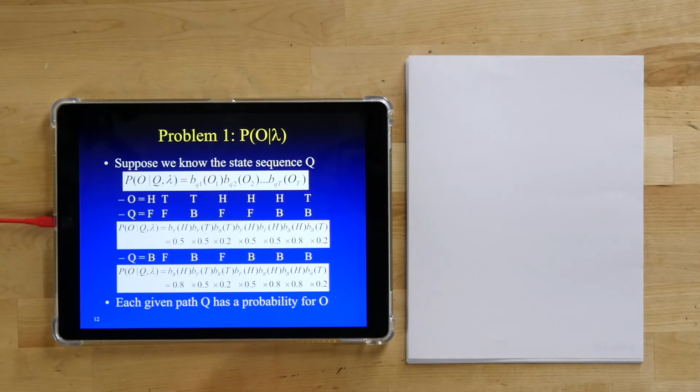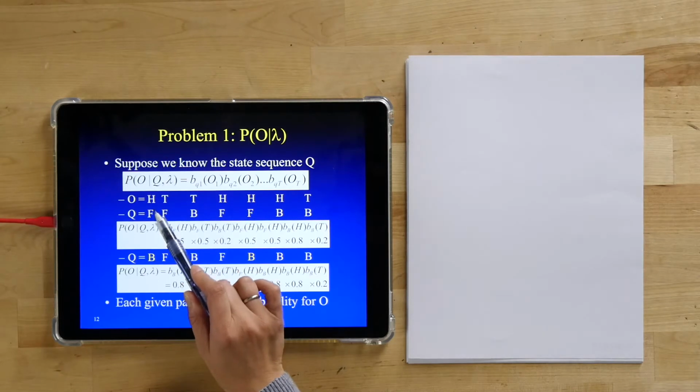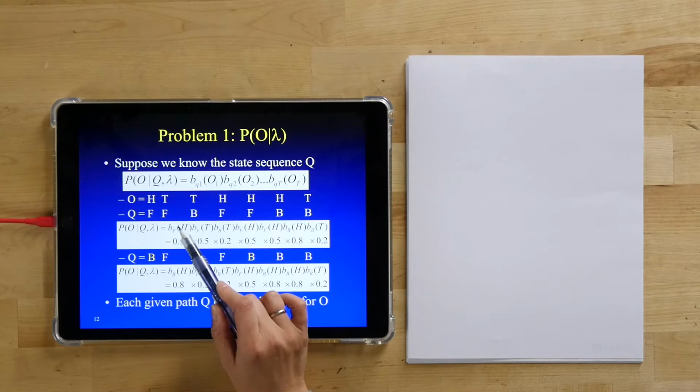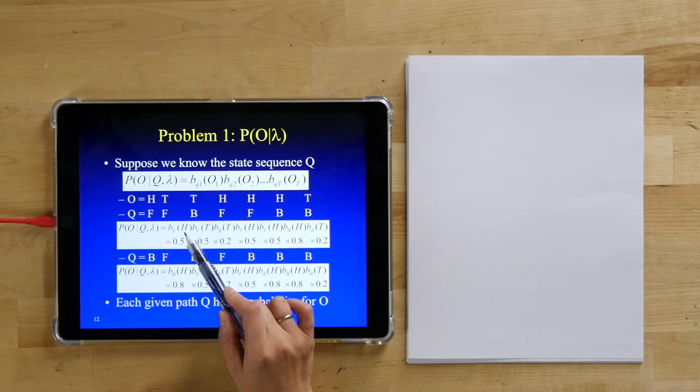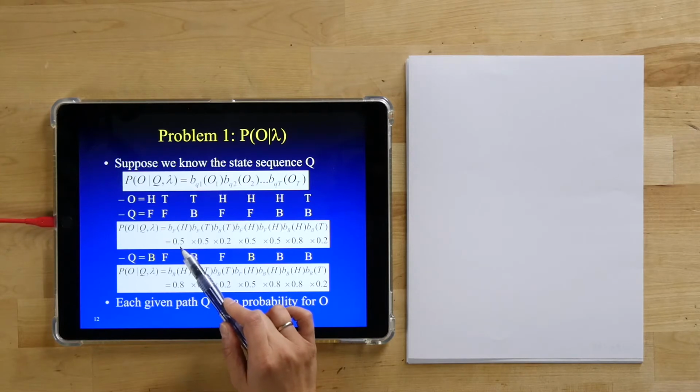Okay, you say that's easier. So if we know that the first coin flip, head, is coming from a fair coin, then the probability of head from a fair coin is 0.5. That is the emission probability of a fair coin given a head.